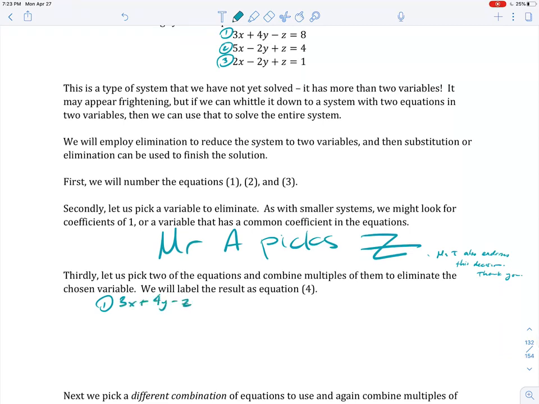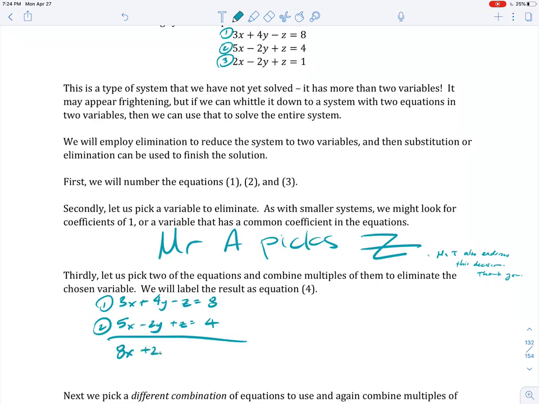So equation 1 says 3x plus 4y minus z is 8. And equation 2 says 5x minus 2y plus z is 4. I wanted to eliminate z, just double check. The coefficients for z are the same, but opposite. So I'm ready to add these.